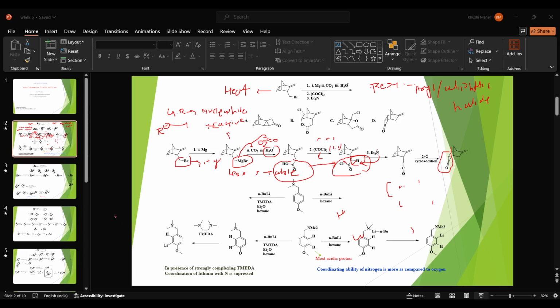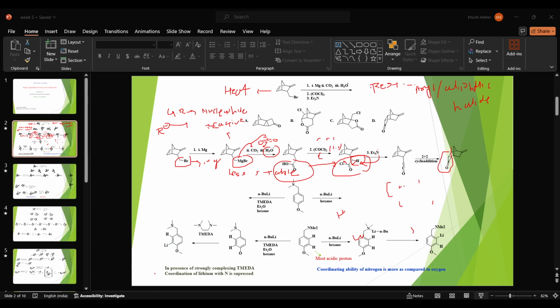Then there is no site for the binding of the butyl lithium to the nitrogen in the starting material. That's why, in the presence of the strongly complexing TMEDA ligand, the coordination of lithium with nitrogen in the starting material is suppressed.